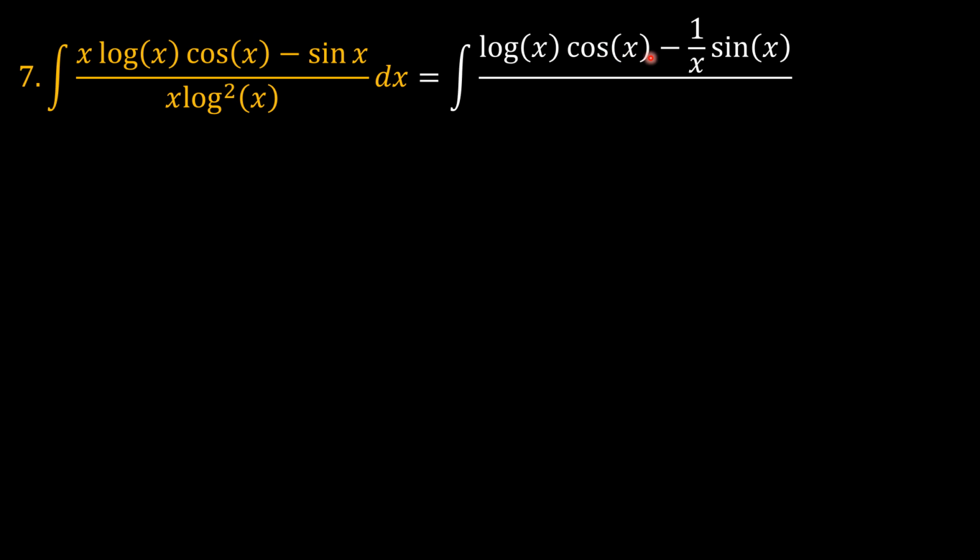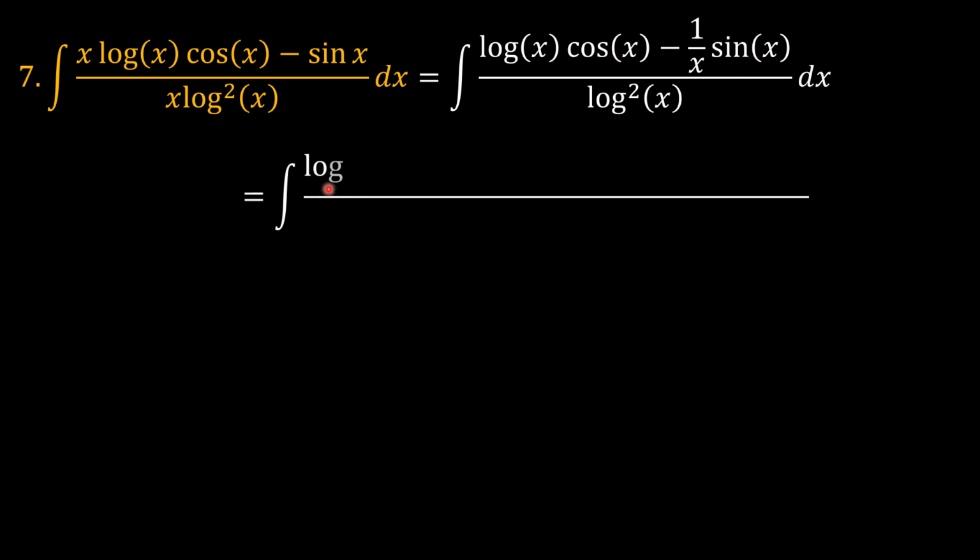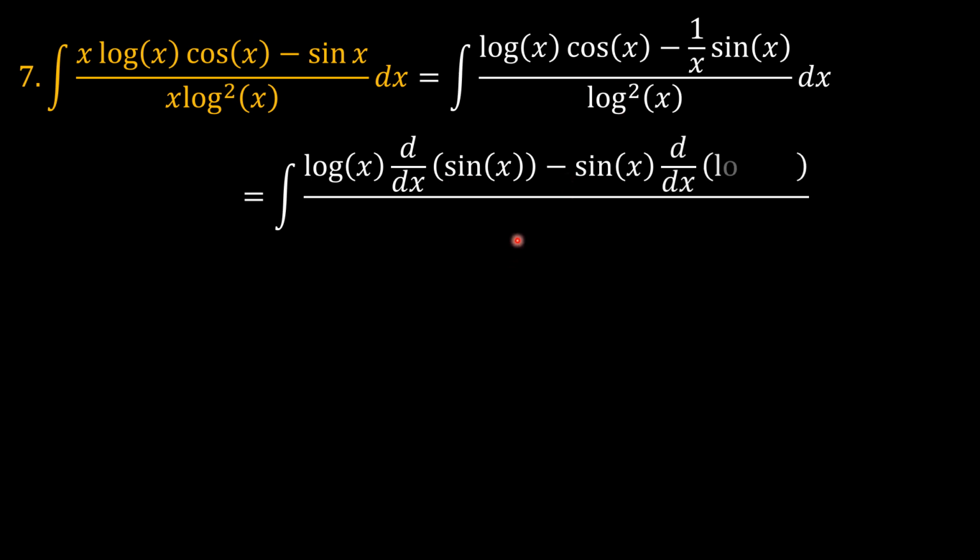As we can see, the 1 over x is the derivative of log x, and the cosine x here is the derivative of sine x. So let's express this as log x times the derivative of sine x minus sine x times the derivative of log x, over the square of log x.